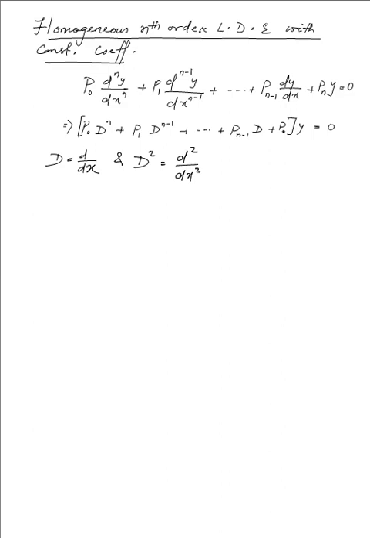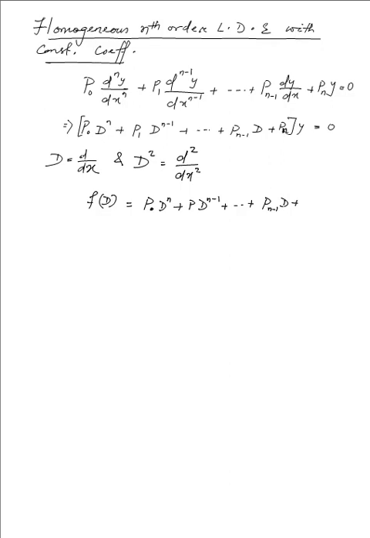Now this equation can further be shortened with a notation where we take f of D to be equal to the bracketed term that we see, that is P naught D to the power n plus P1 D to the power n minus 1, and it carries on till P(n-1) D, followed by the last term, Pn.